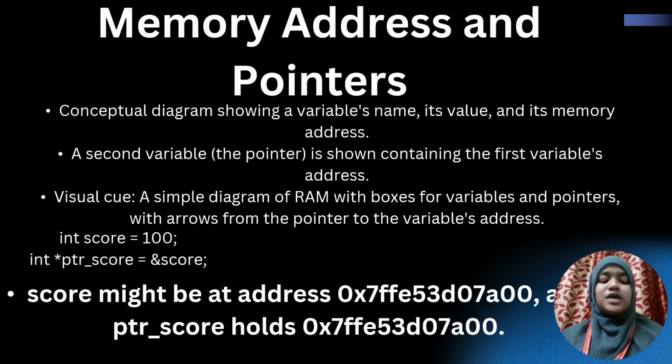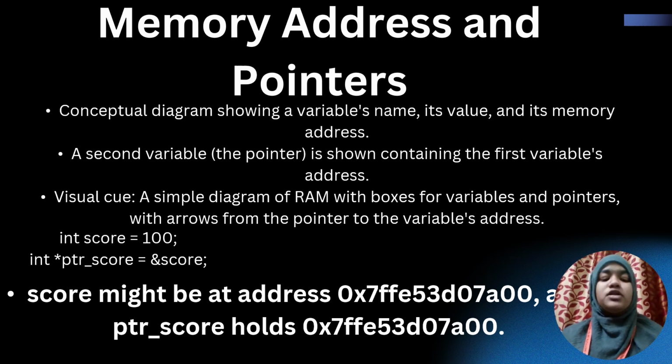Next, to understand pointers, we need to understand how memory works. Every byte of RAM has a unique address, usually represented in hexadecimal format, like 0x7000. When we create a variable, the system reserves space for it at one of these addresses. The key operator we use here is the address-of operator, which is the ampersand symbol.